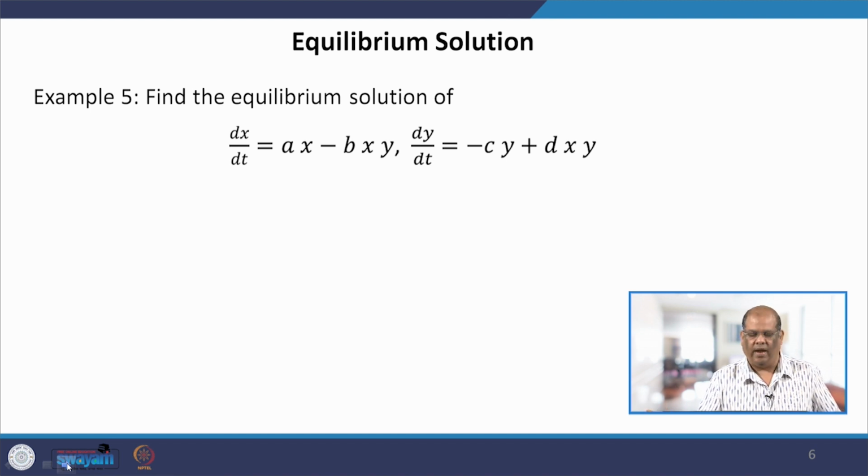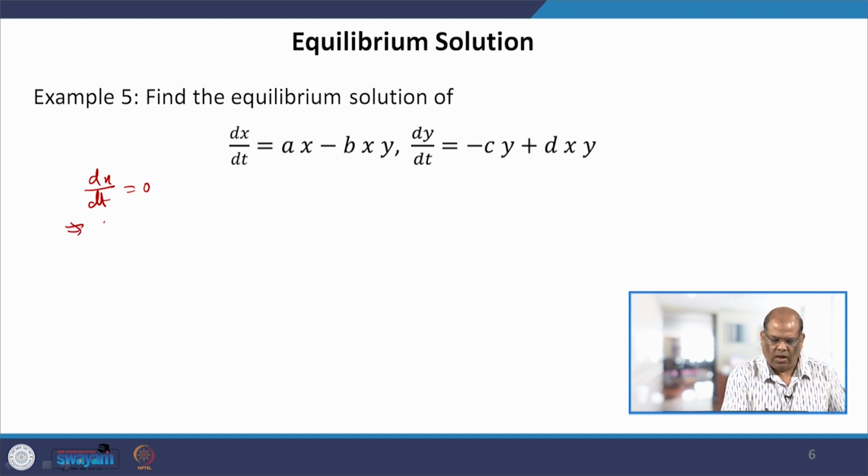We take another example where, instead of numbers, we have the parameters a, b, c and d. As defined before, our equilibrium solution will be dx/dt equal to 0, which will give us ax minus bxy equal to 0. Taking x common, x times (a minus by) equal to 0, which gives x equal to 0 and y equal to a by b.